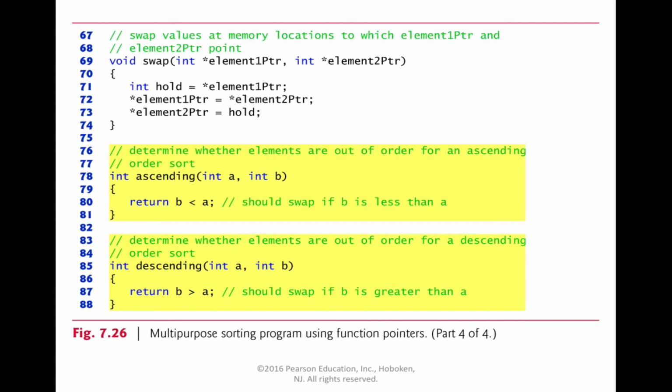What we're doing here is determining whether the items are out of order. For ascending, B needs to be less than A to be out of order. For descending, B needs to be greater than A. So that is how you would use that sort of multi-purpose sorting program.